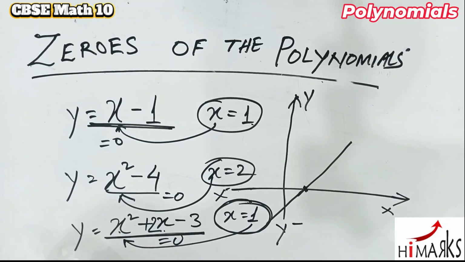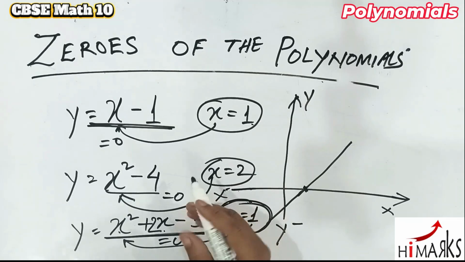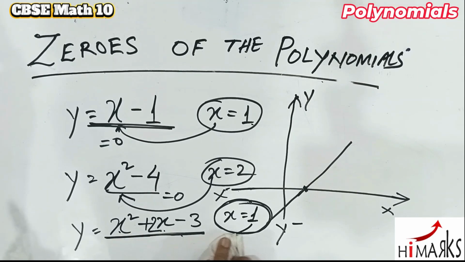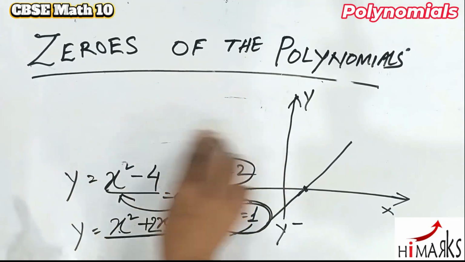Extending to zeros of the polynomial for a quadratic equation, which will be discussed in your quadratic chapter in more detail.